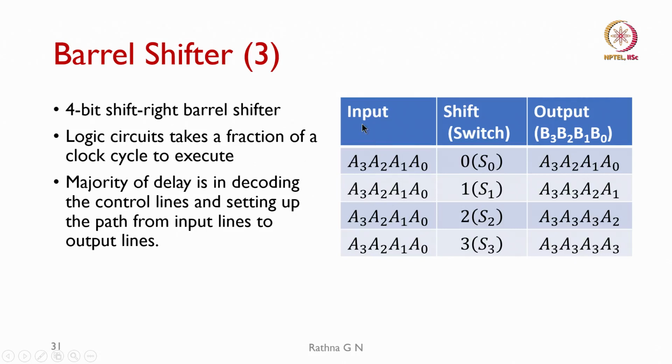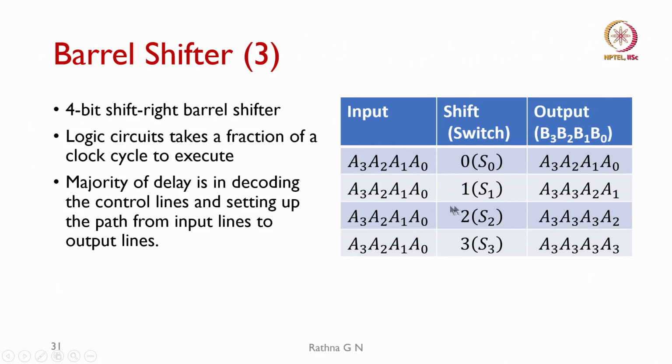My inputs are A3, A2, A1, A0, and the switch positions are S0 and so on, with outputs B0, B1, B2, B3. Since only S0 is used, I am not doing any shift operation, so the input goes to the output lines as it is.